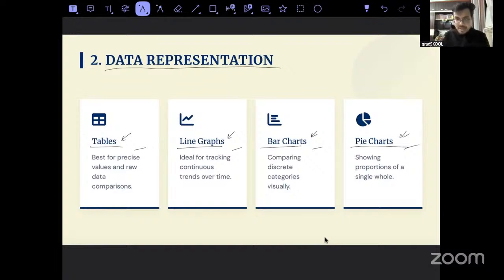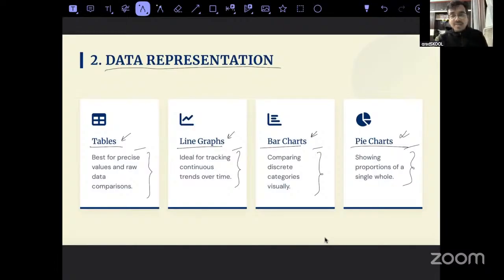So here I've mentioned what a table is basically, what a line graph is, what a bar chart is, and what a pie chart is. A table can be said to be best for precise values and raw data comparisons. Line graphs can be told as ideal for tracking continuous trends over time.